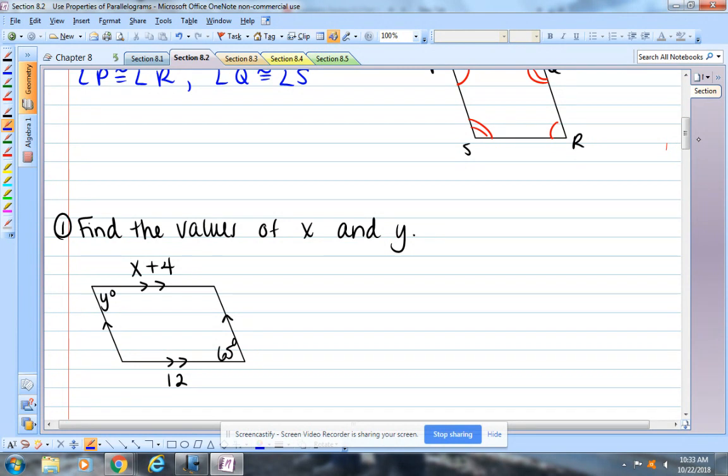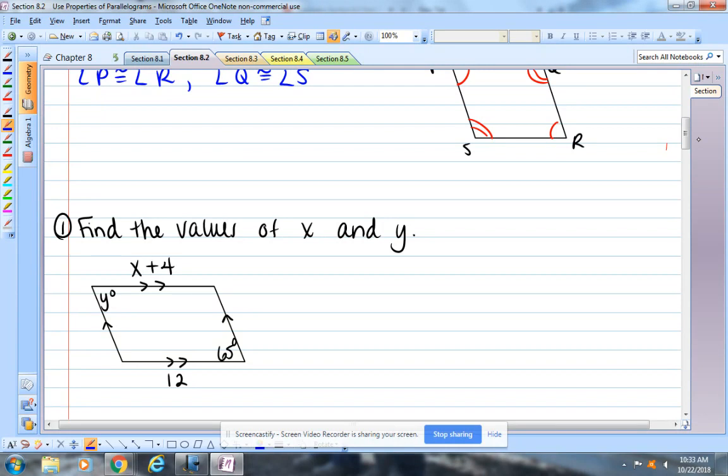So this figure is a quadrilateral because it has 4 sides. It is also a what? How do you know it's a parallelogram? Because it shows that the opposite sides are parallel. If it doesn't show you those opposite sides are parallel, can you assume it's a parallelogram?